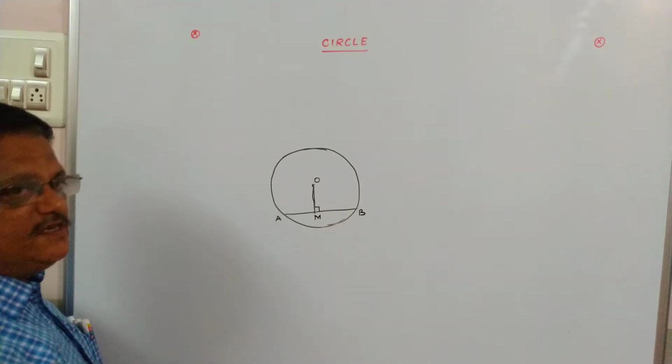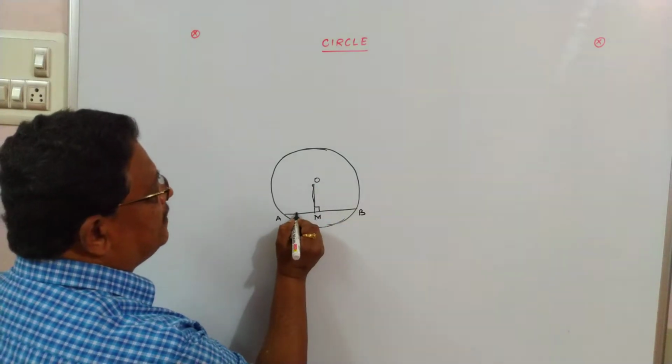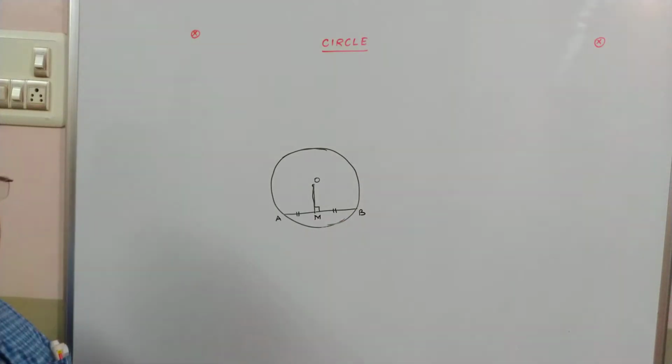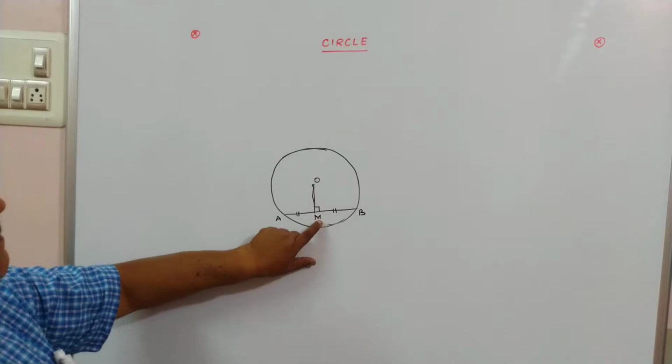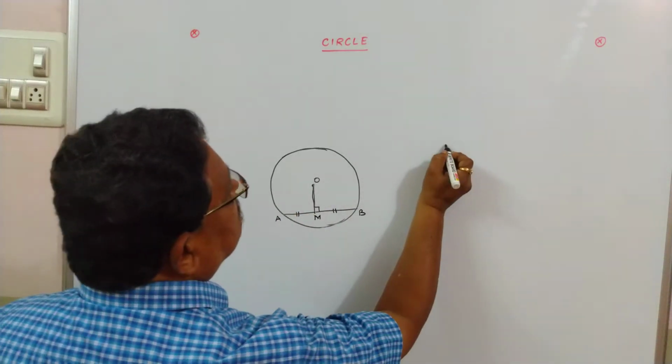In this figure, O is the center of the circle, segment OM is perpendicular to chord AB, hence AM is equal to BM. It says that the line joining the center of the circle and perpendicular to the chord bisects the chord. Its converse is also true.